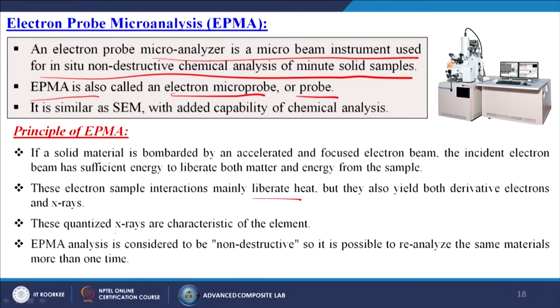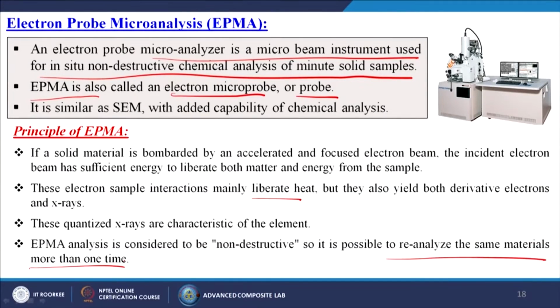The quantized X-rays are characteristic of the element itself. EPMA analysis is considered non-destructive testing, because we are not going to harm the samples, or hit or break the samples. So, it is possible to reanalyze the same materials more than one time. That means we can do this testing on the sample itself several times.